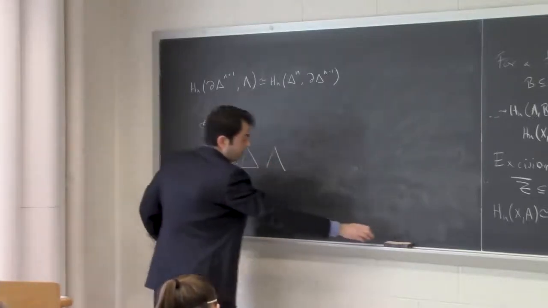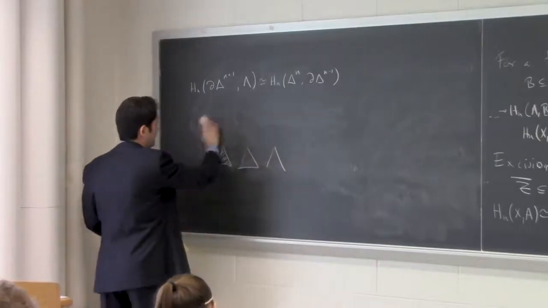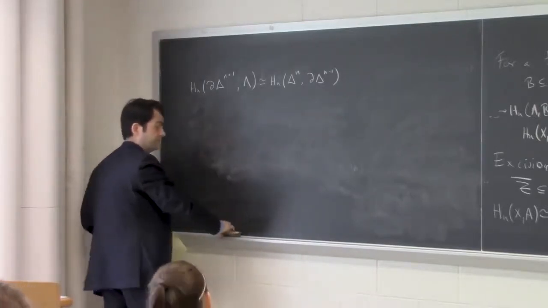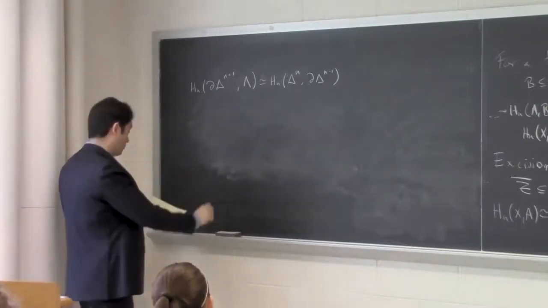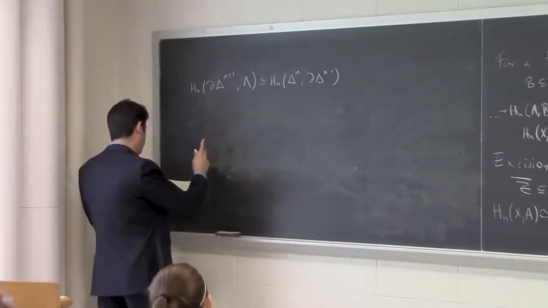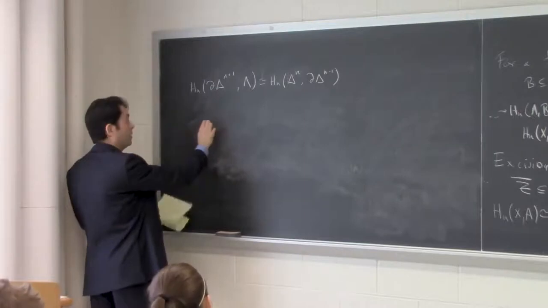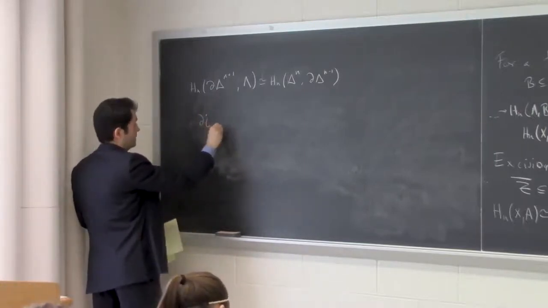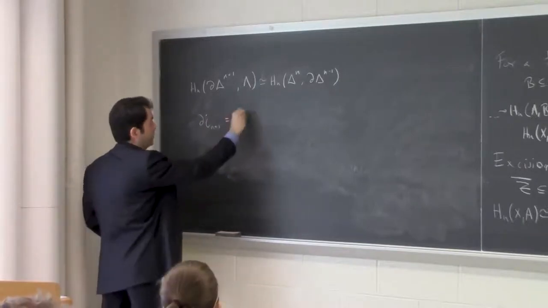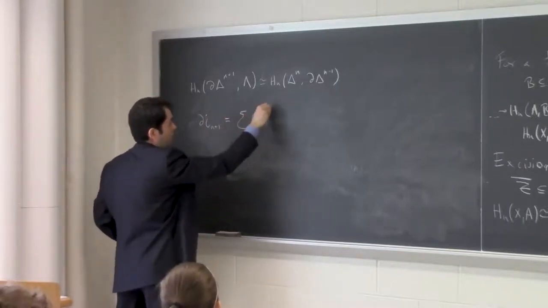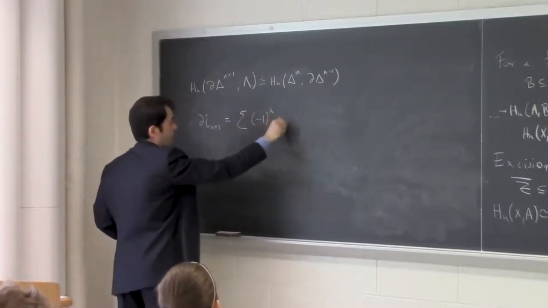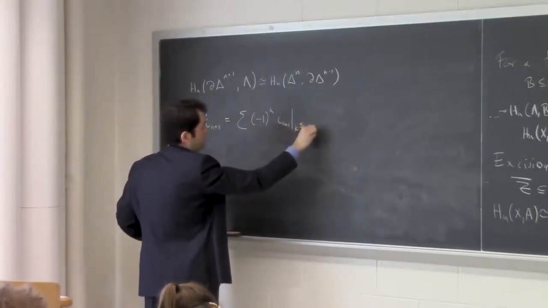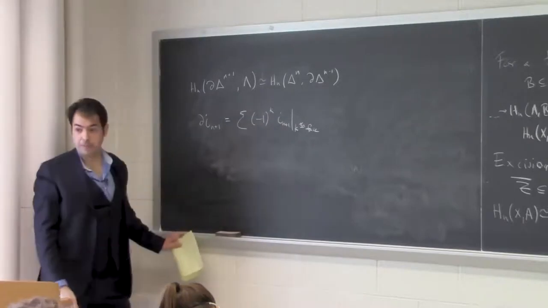Great, so we know inductively this is generated by the identity map. So we just have to see what happens to, what does boundary do to the identity map. So boundary of I n plus 1 is going to be a sum, minus 1 to the k, of I n plus 1 restricted to the kth face.